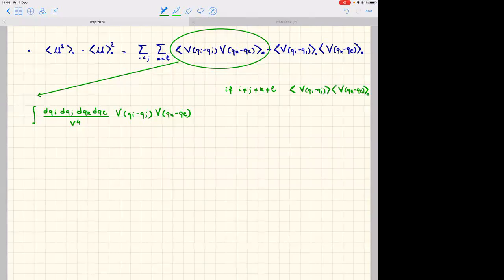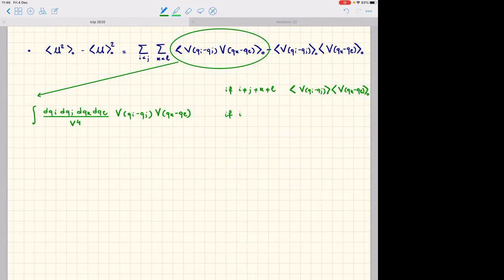You agree? Now, this is true also if only two of the indices are equal.